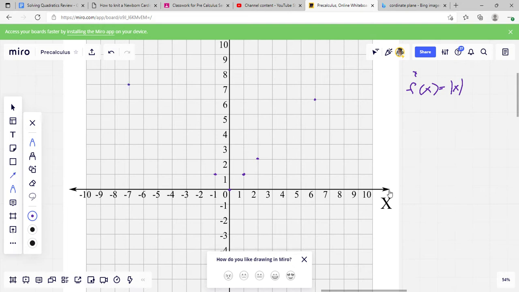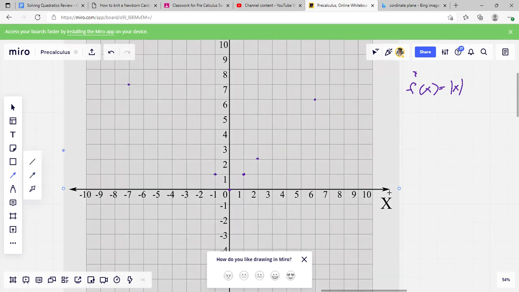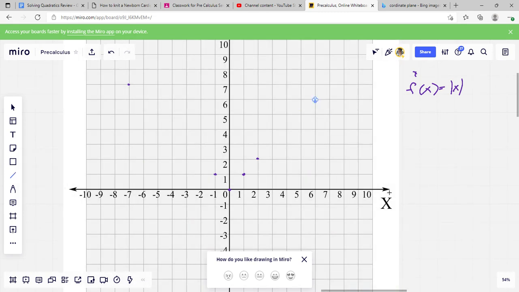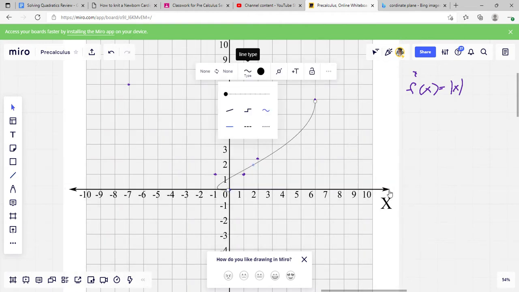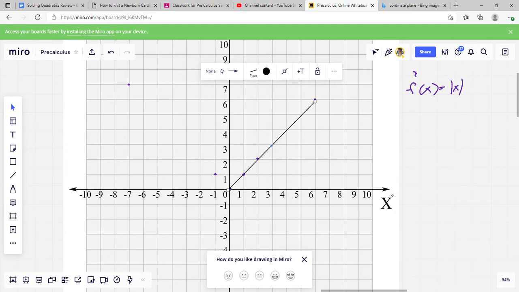Let's see if I can make a line on that. I want a straight line. Make it a little thicker. Give it an arrow on the end. Nope, wrong end. There we go.